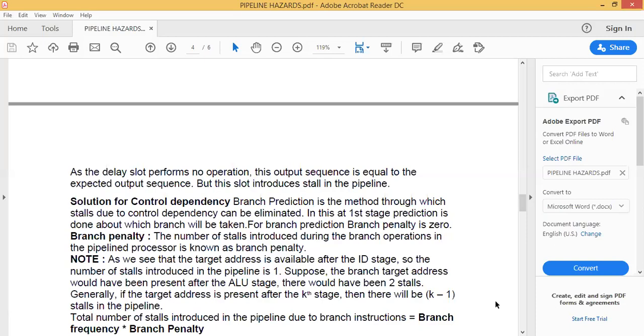The solution for control dependency is branch prediction, a method through which stalls due to control dependency can be eliminated; after the first stage, prediction is done about which branch will be taken. For branch prediction, the branch penalty is 0, and the branch penalty is the number of stalls introduced during the branch operation in the pipeline processor.